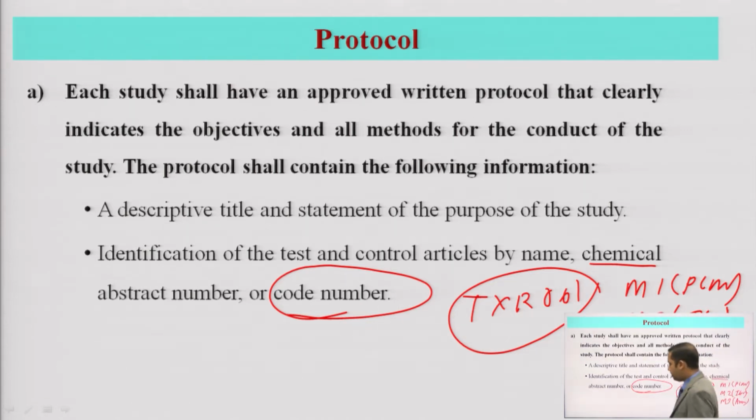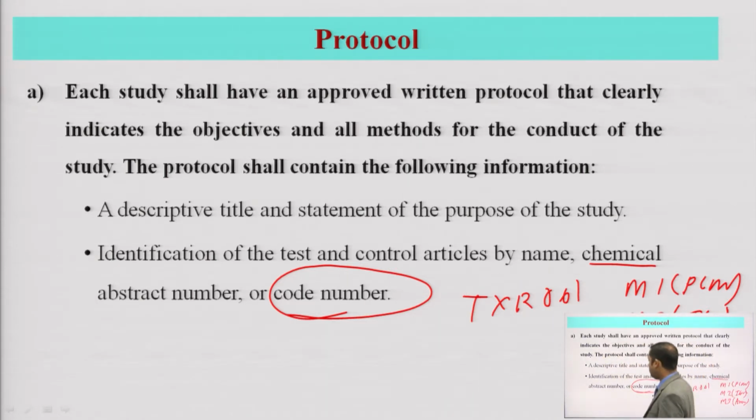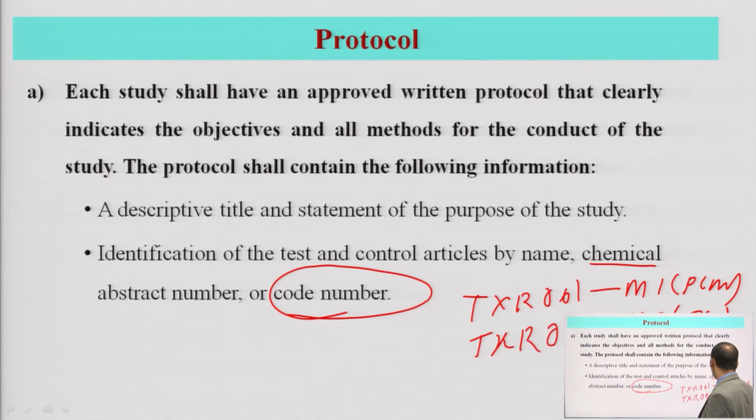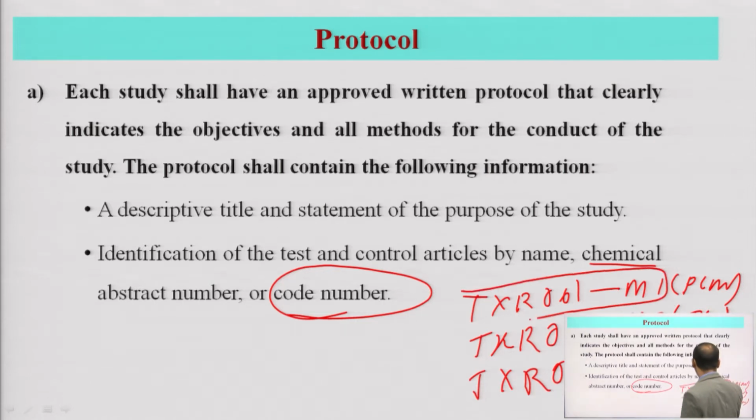For example, this is the common code for all, and you have added TXR001 M2, TXR001 M3. Okay, this is the code. So, such kind of codes you can use.